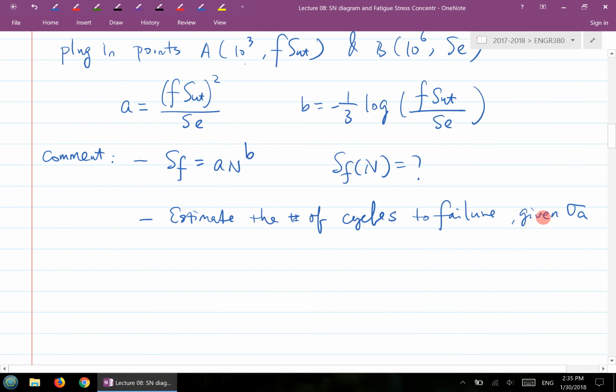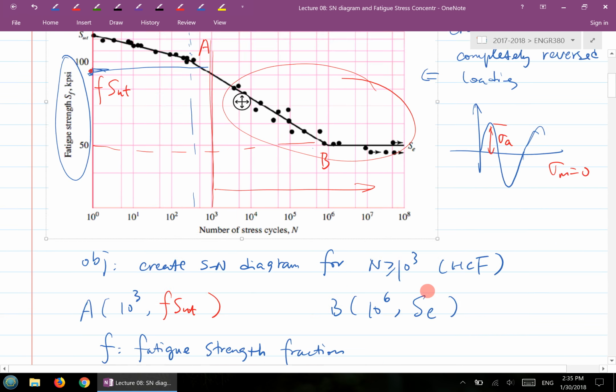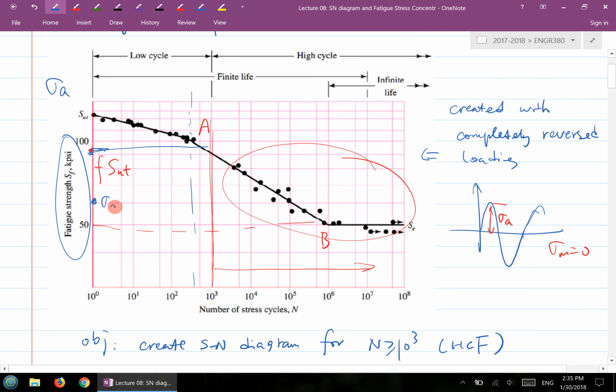Let's say we have sigma A. You know how much amplitude you applied for the completely reversed loading. Then what is the number of cycles corresponding to that loading condition?